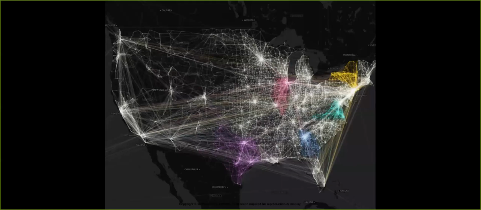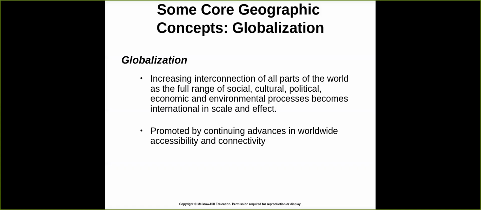This is just one map example of how that actually deals with. You're dealing with different movements through space and how those actually work. Globalization, we'll get into this in economic geography, a little bit in political geography as well, because it is a very political or politicized term.